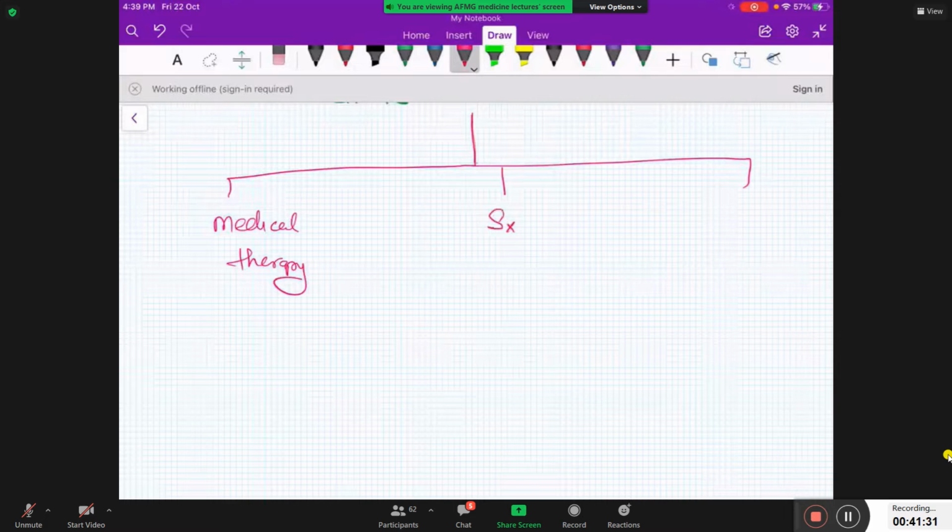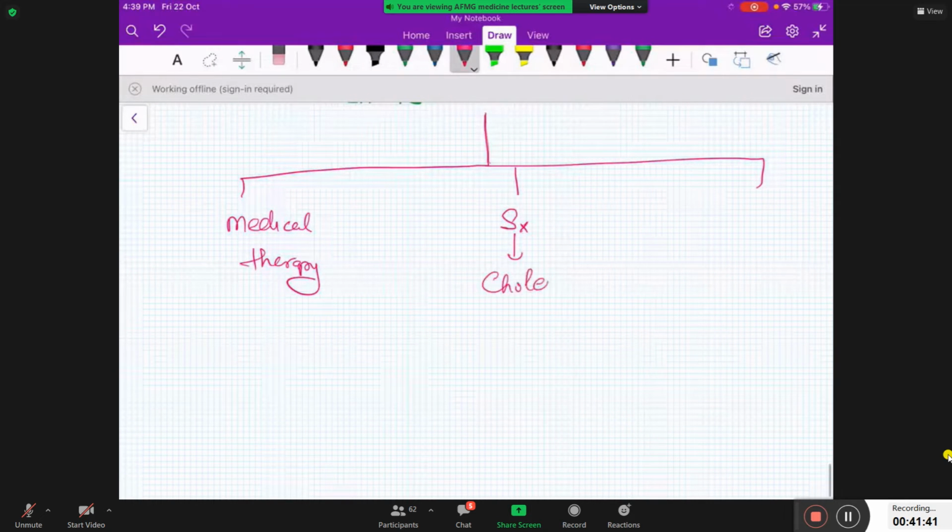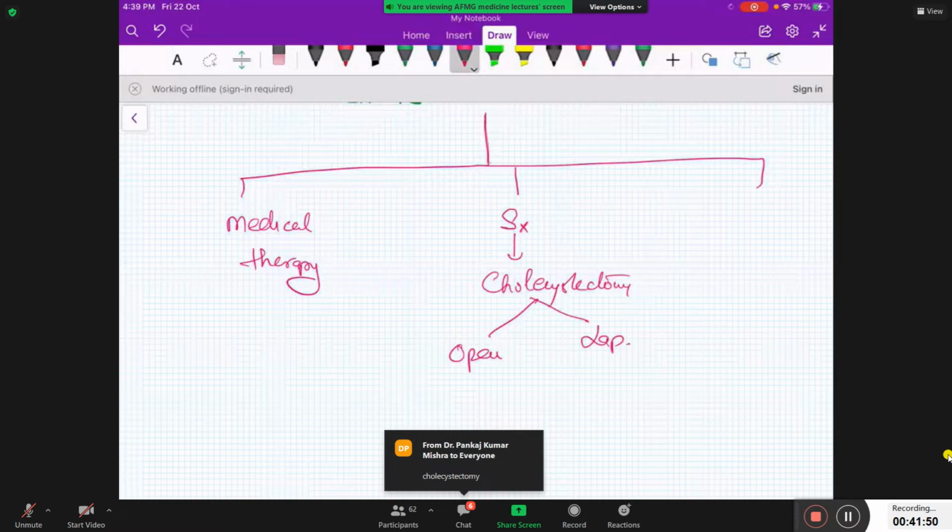What is the surgery called? Cholecystectomy. So there is open cholecystectomy, there can be laparoscopy. I asked this question once in a class and I got the answer, cholecystectomy.